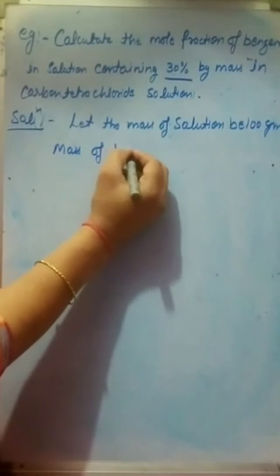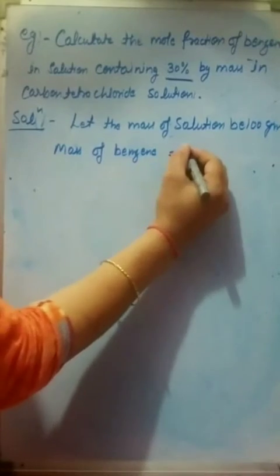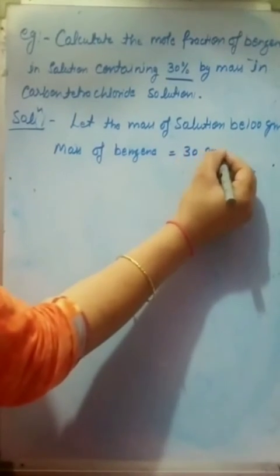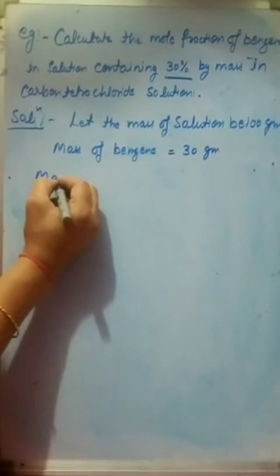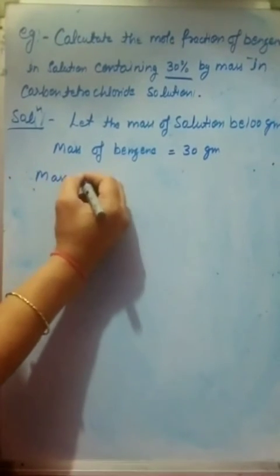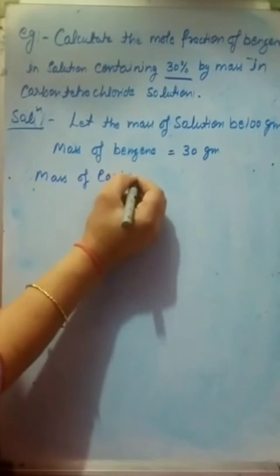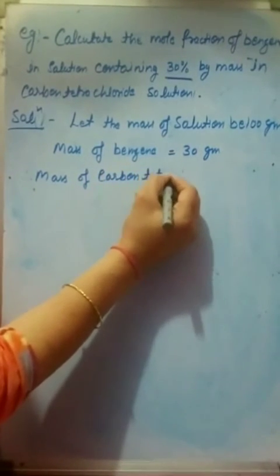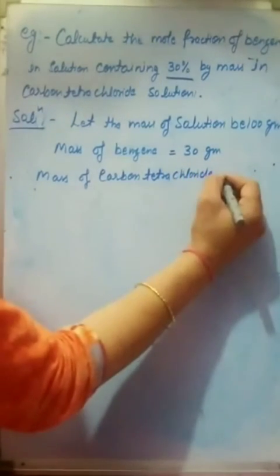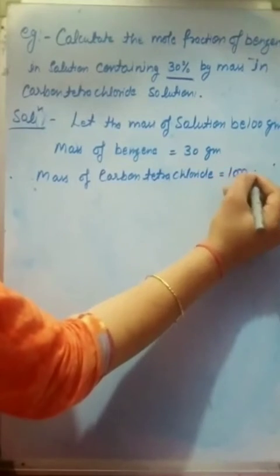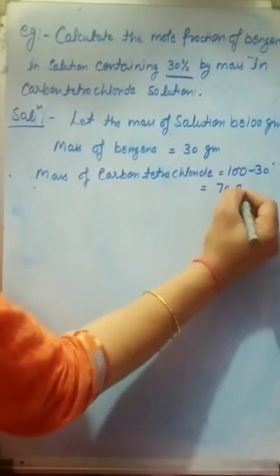Mass of benzene is equal to 30 gram. So the mass of carbon tetrachloride is 100 minus 30 is equal to 70 gram.